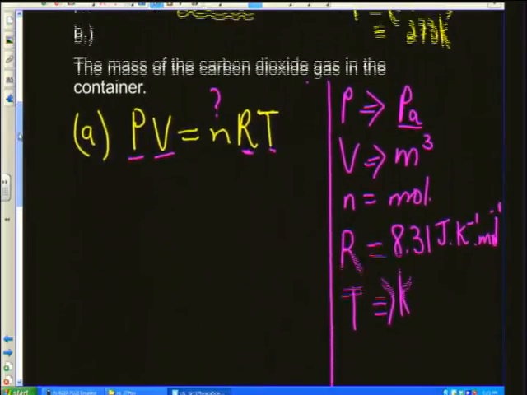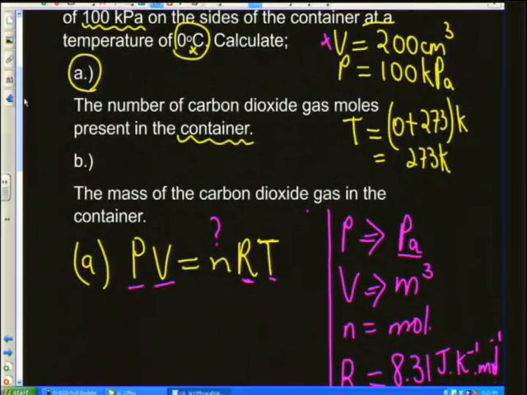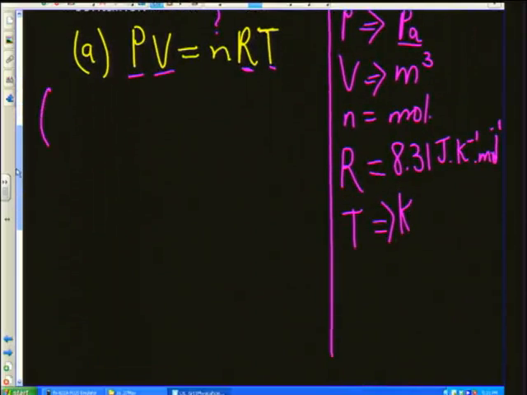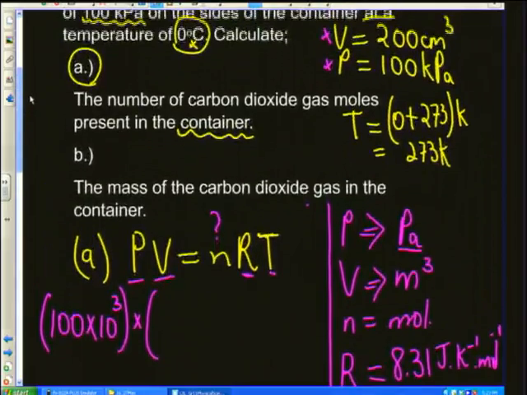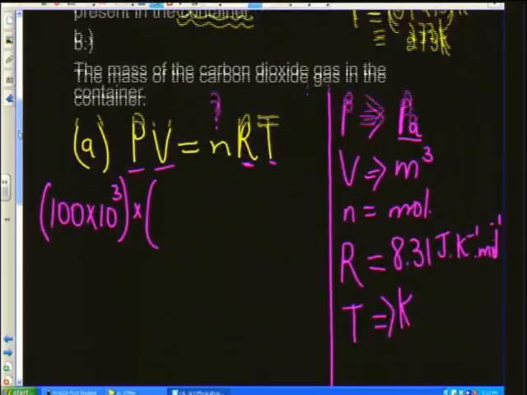Why do I say so? Let's come back here. You will see that you are given volume in cubic centimeters. You have to convert. You are given pressure in kilopascals. You have to convert to pascals. So let's work it out. 100 kilopascals in pascals, you need to multiply by 10 to the 3 so that you come back to pascals. Then multiplied by volume, you have got 200 cubic centimeters to cubic meters.